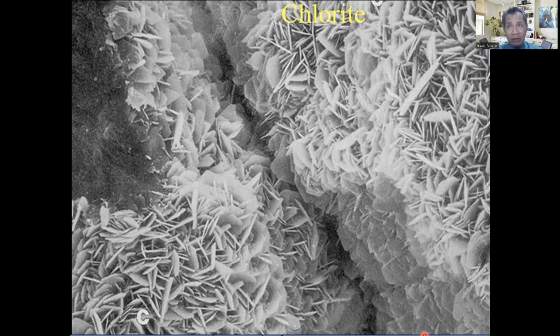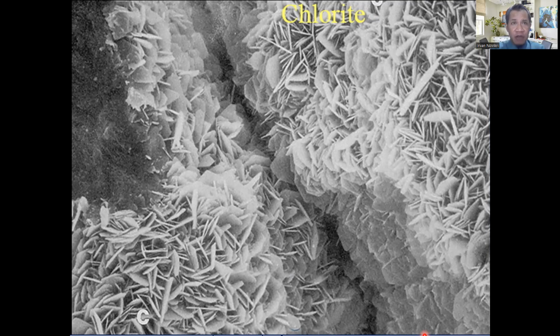They tend to break down, and they are the first things to break down, and what they contain is iron and magnesium. Hence chlorite has magnesium and iron in it. So what happens is that in the pore system, the pore fluid is initially supersaturated with respect to iron and magnesium, so the first thing to precipitate out is chlorite.